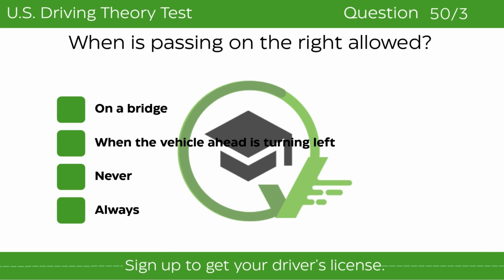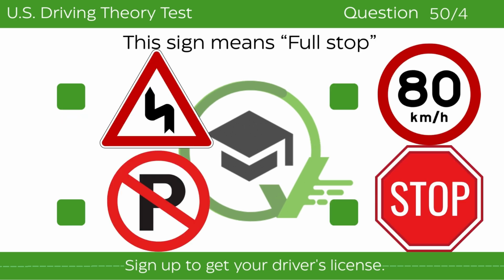Question 3. When is passing on the right allowed? B. When the vehicle ahead is turning left. Question 4. This sign means full stop.